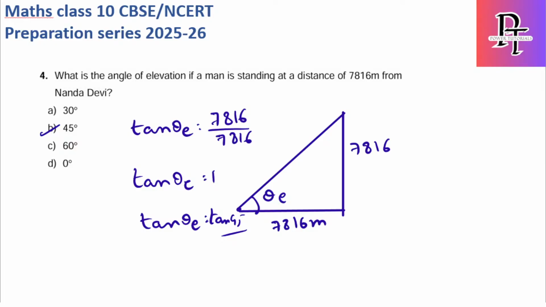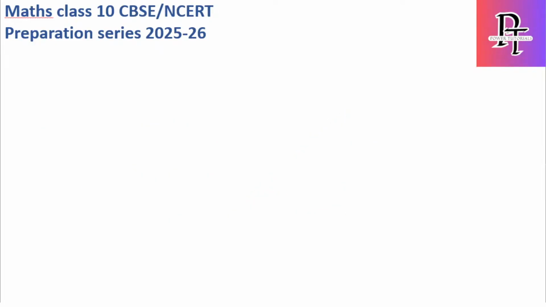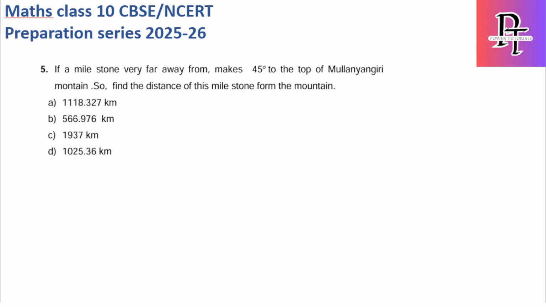Okay, next is the last question for today, which is the fifth question of the second case study. If a milestone far away makes 45 degrees to the top of the second mountain, what is the distance of the milestone from the mountain? So same type, we have a milestone at an angle of 45 degrees to the second mountain.